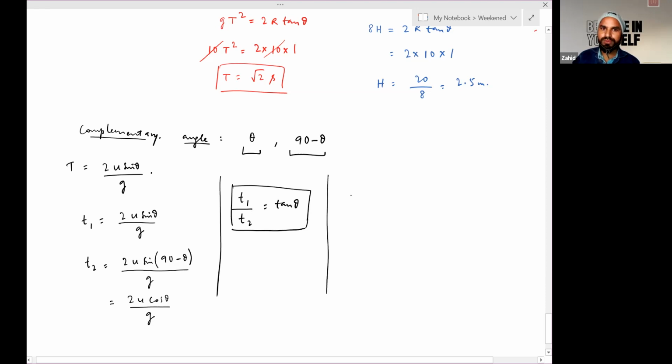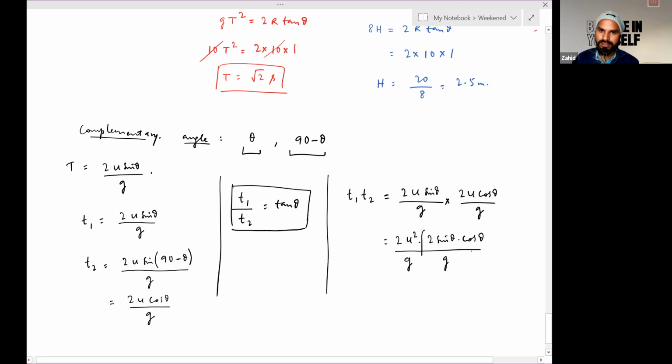Similarly, if you multiply these two terms, T1 into T2, it will be 2u sin theta divided by gravity, times 2u cos theta divided by gravity. So it will be u square times 2 sin theta cos theta divided by g into g. This whole term is nothing but range.